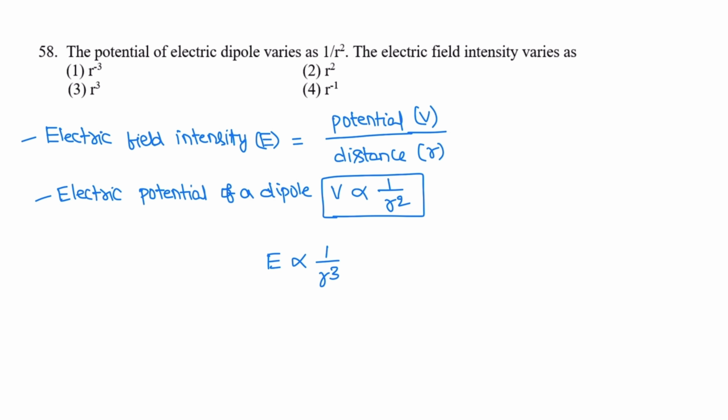So for an electric dipole, electric field intensity varies as r power minus 3. So the first option is the correct one.